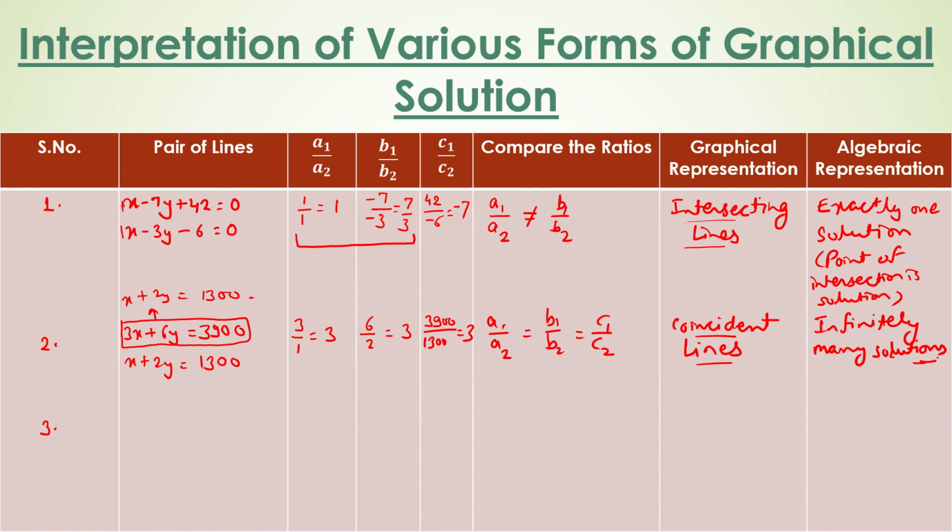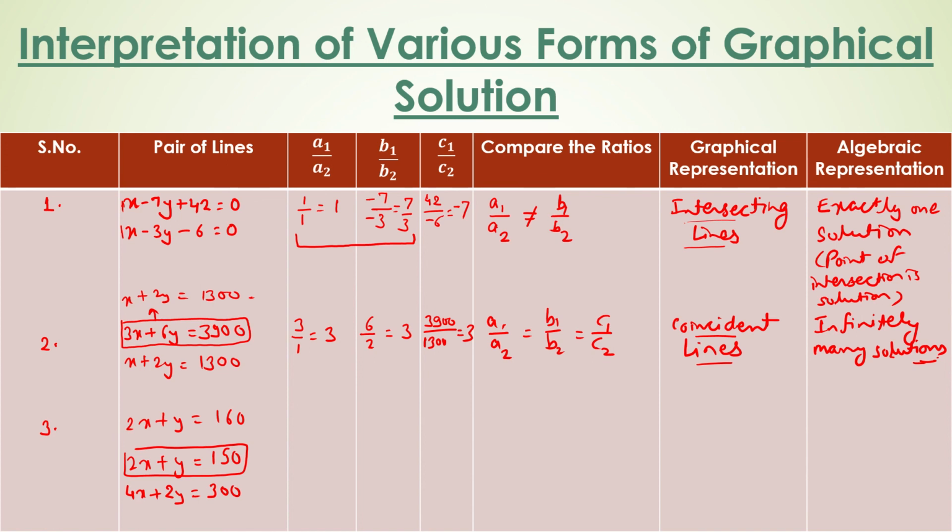Next, we observe the third case, where we had the equations 2x plus y equals 160 and 2x plus y equals 150. Or originally we had the second equation as 4x plus 2y equals 300.